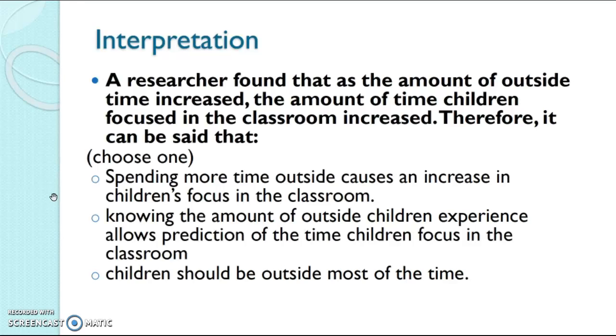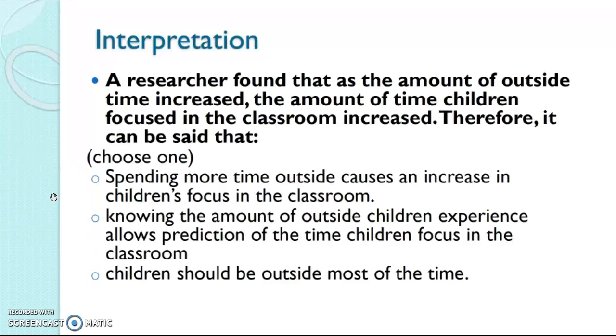Okay. Another example. A researcher found that as the amount of time children spent outside increased, the amount of time they focused in the classroom also increased. So both going up would be a positive relationship. What can we say about this?